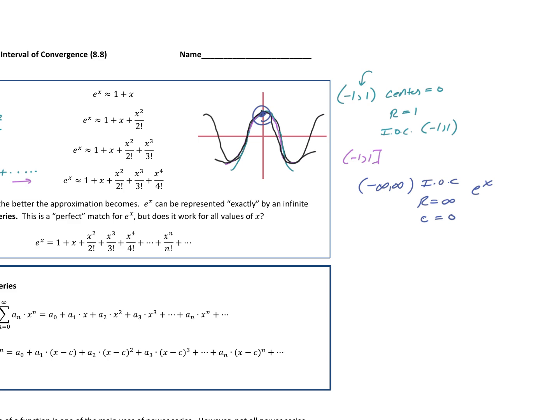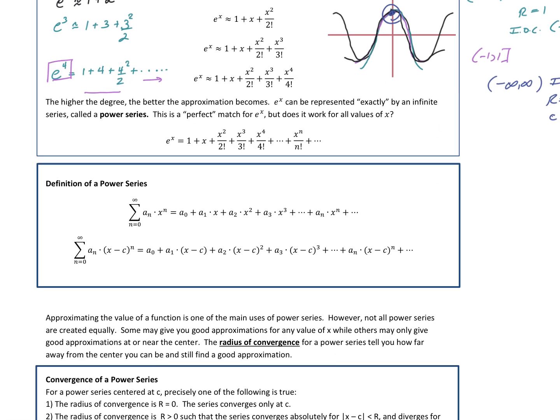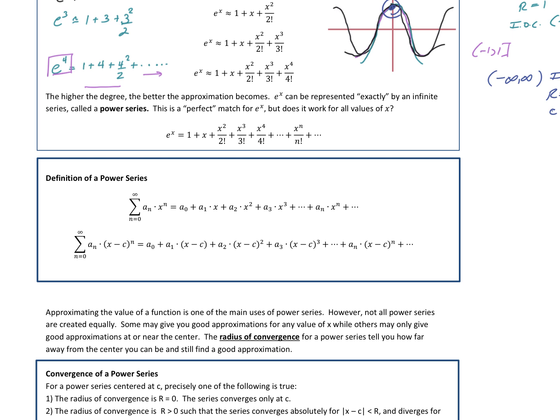So what is a power series? A power series is going to be a series that generates a polynomial with x's in it, because I want to be able to plug in some x value. Yes, please try to understand what we're doing. We're trying to find the value of a function.